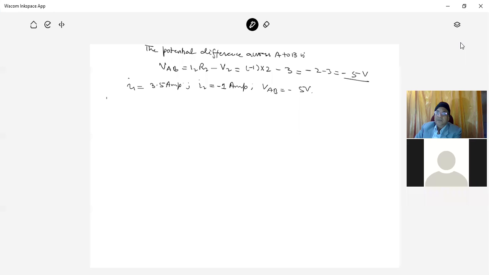Case 2, when switch S is connected to B, this circuit is S to B. Here it is the cell. This is the resistance of 2 ohm.